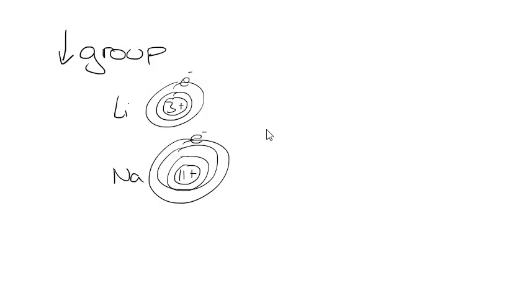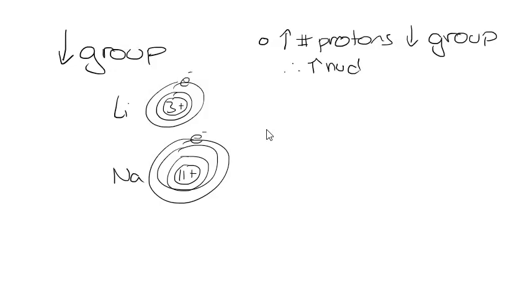The things that we looked at when we were talking about atomic radius was that first of all, there's a greater number of protons as we go down a group. So this will increase the nuclear charge. We need to write that as well.